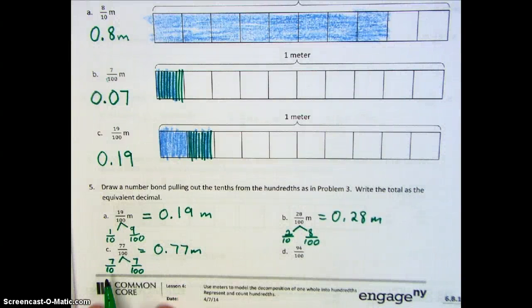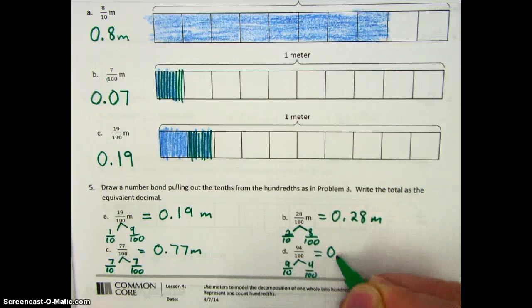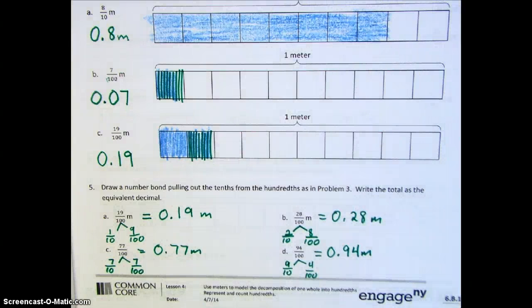So the first 7 is in the tenths place, second 7 is in the hundredths place. And then finally the last one, you can see that we have 9/10 and we have 4/100ths. So it looks like that. Notice that 94 is very close to 100, so our 94/100ths here is almost 1 whole.